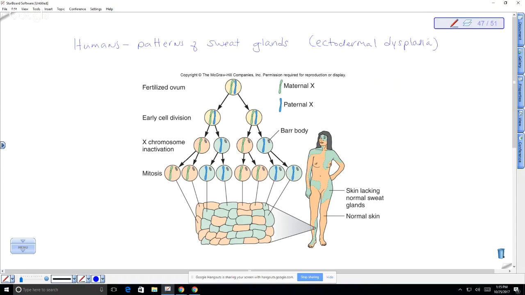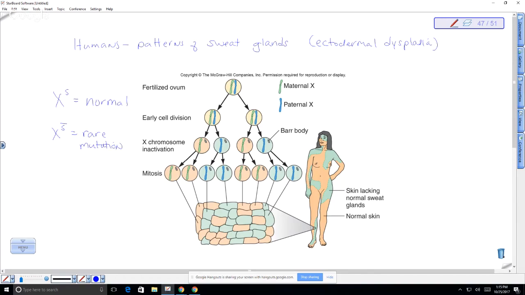Okay, so the production of normal sweat glands is on the X chromosome. Most of us have two normal copies of it, if we're female. So let's say X and let's use S. This is normal. And X with a lowercase s is a rare mutation.